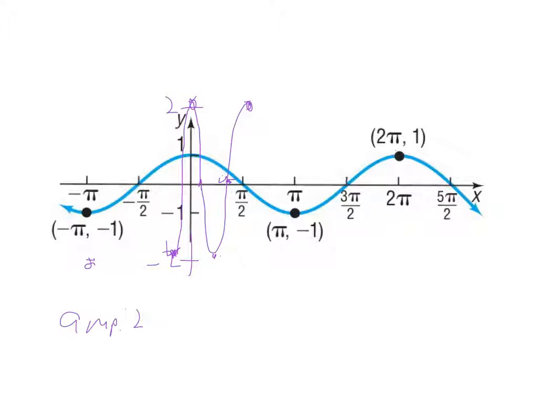This negative pi over 4, if we shift it 3 pi over 4, I believe it's at pi. This point here where it's at 0, pi over 8, it'd be at 7 pi over 8. This point here, that's at 0, it'd be at 3 pi over 4.